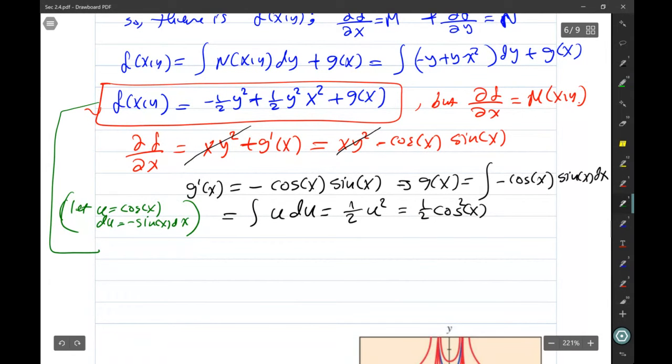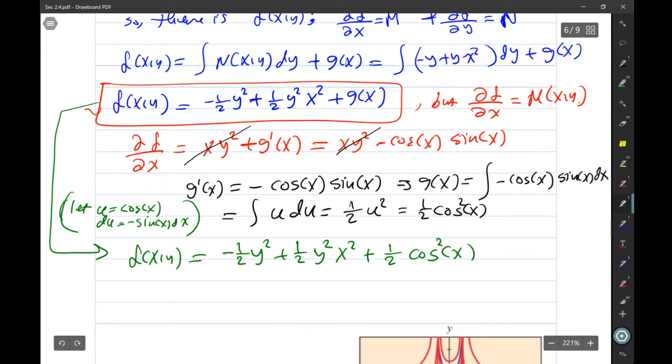Substitute it back here. It becomes f of xy equals minus half y square plus half y square x square plus g of x, which is half cosine square x. So this is the function of x.